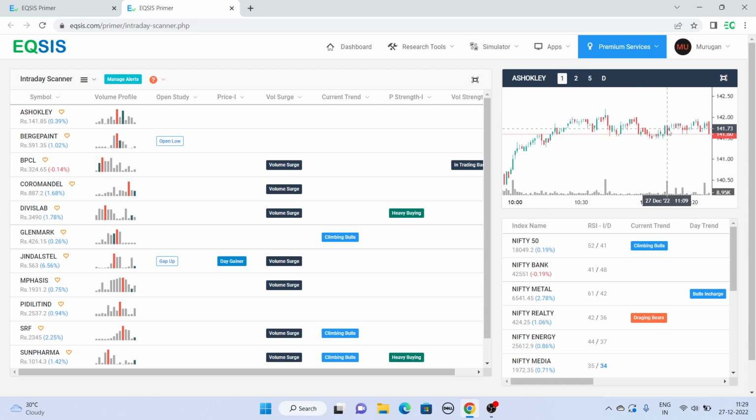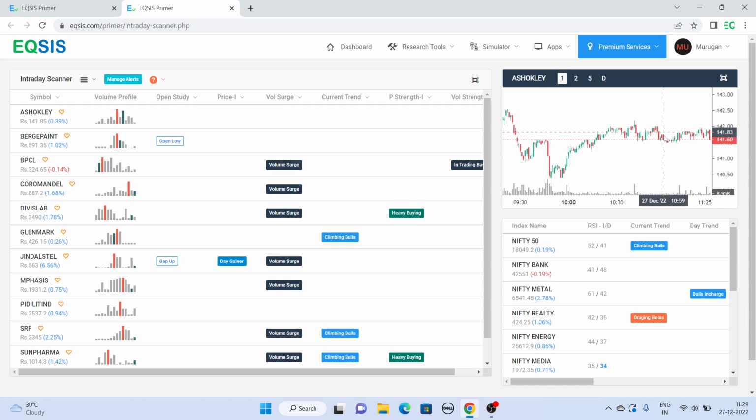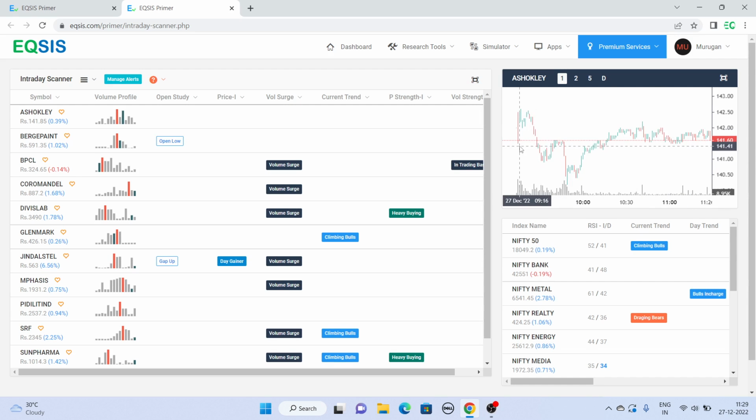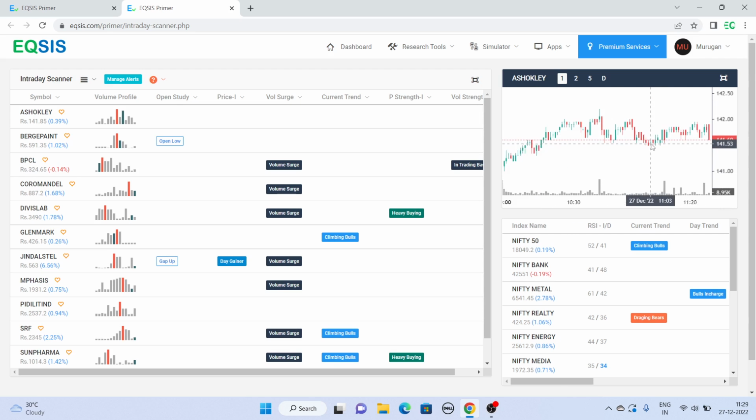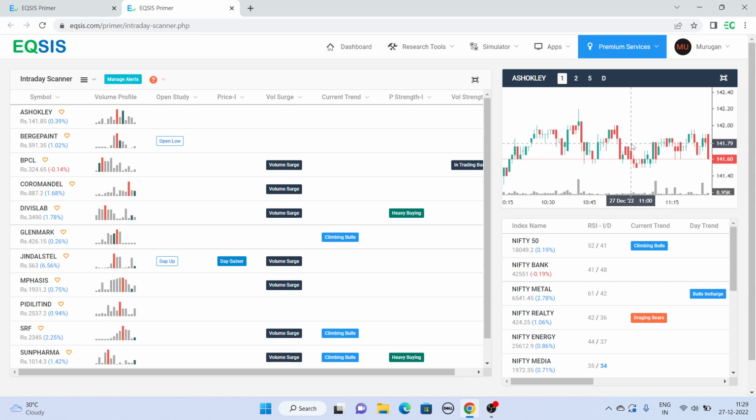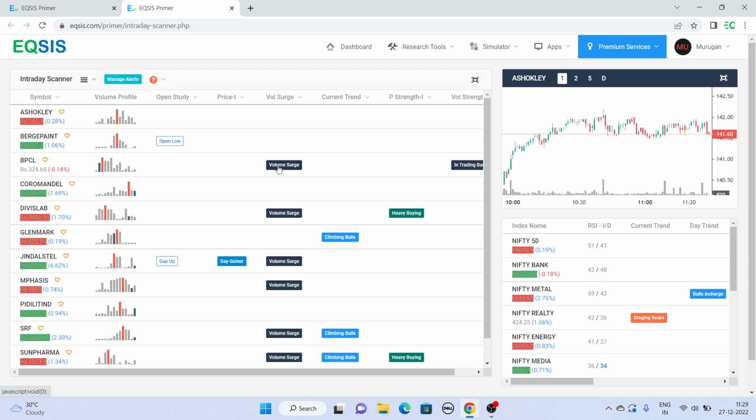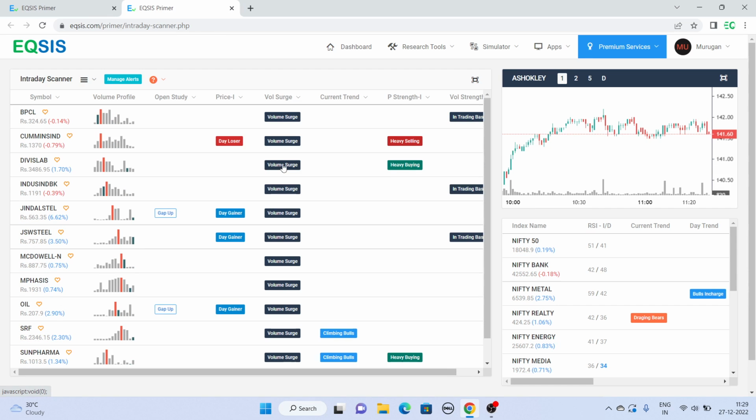But it is very dicey to take a call because it violated the market structure, because it was breaking the bottoms and then later it is breaking the tops. So it is slightly unclear how to take a position at this point. But you see there is supply coming in because there is a high volume surge. That is the beauty of volume surge. Volume surge helps us to pick up a stock, provided it has any quick tradable opportunities in the volume surge.